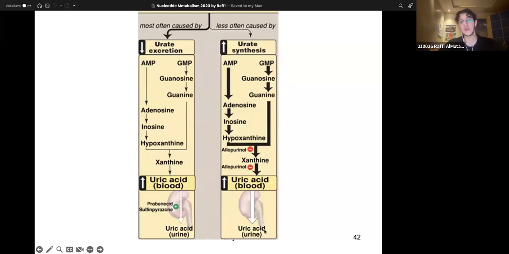Now, is this good or bad that we're not converting hypoxanthine and xanthine into uric acid? Someone answer me in the chat. Do you think this is good or bad? Good. Does anyone think it's bad? Or anyone else that thinks it's good?